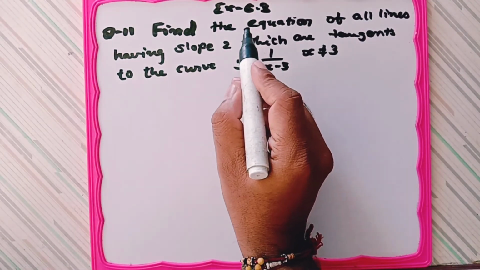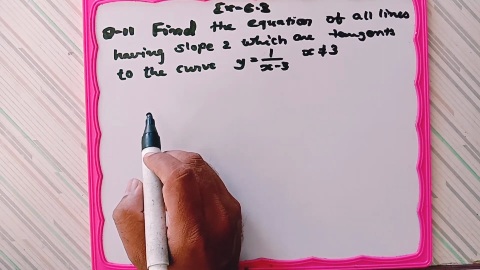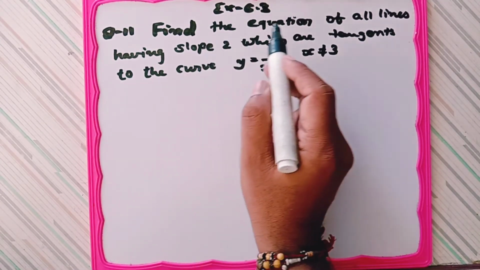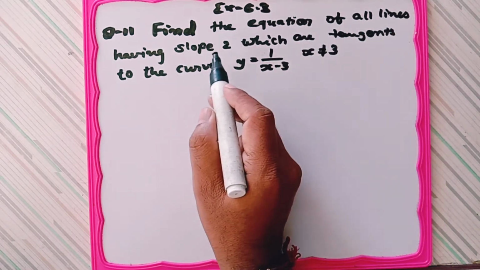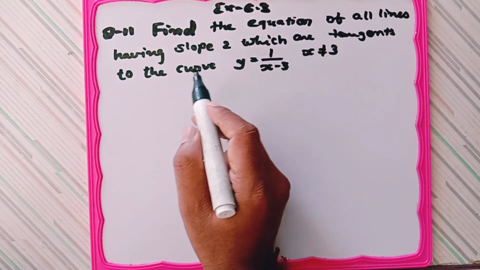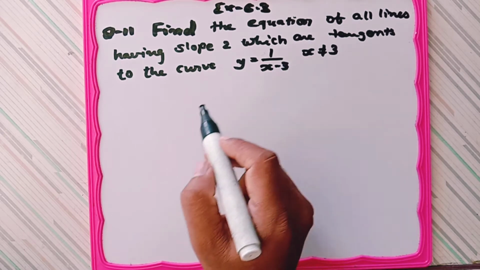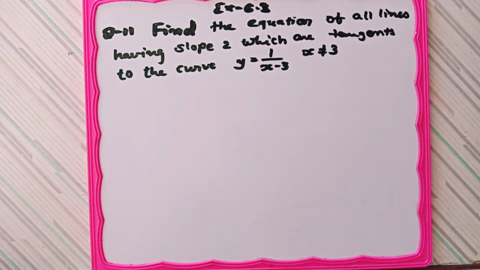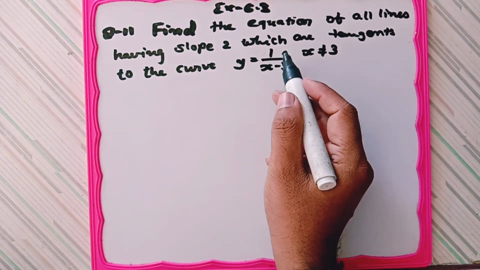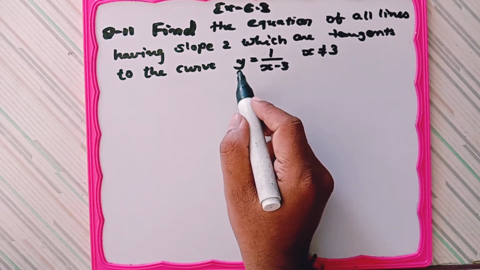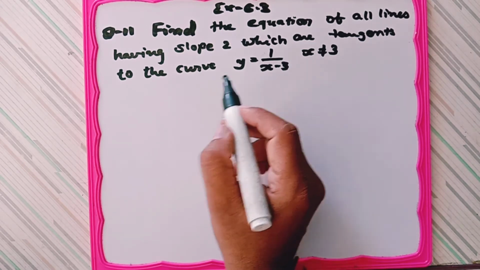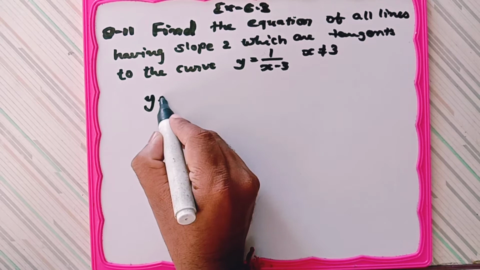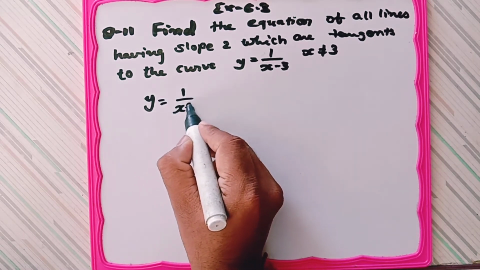Exercise 6.3 question 11: find the equation of all lines having slope 2 which are tangent to the curve y equals 1 upon x minus 3. The tangent slope of this curve will be the differentiation of this equation with respect to x.